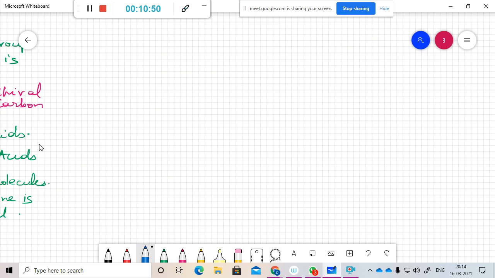So like glycine, you have the next, valine, leucine, isoleucine, methionine, proline. Proline is an amino acid whose structure is a bit different.